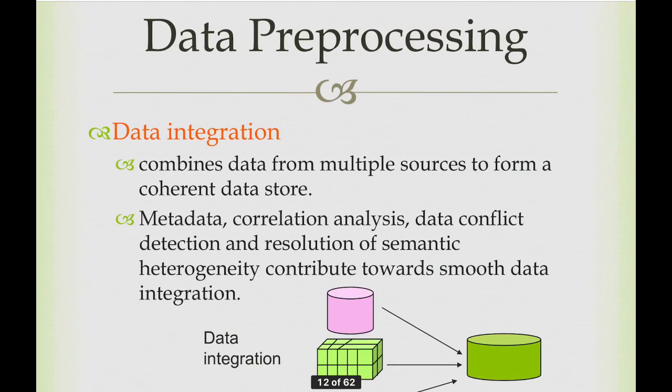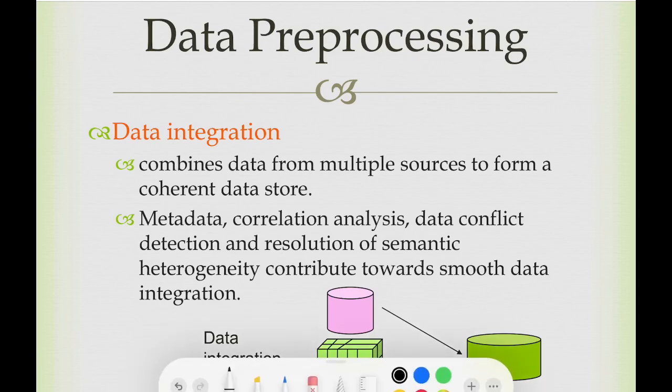Okay. Next, data integration, meaning that we combine data from multiple sources to form a coherent data store. For example, contohnya macam dulu kita tengok on RDBMS, kita ada banyak data kan, so kita nak combine sekali. Macam contoh table kan, banyak, so kita nak combine duduk dalam sekali.